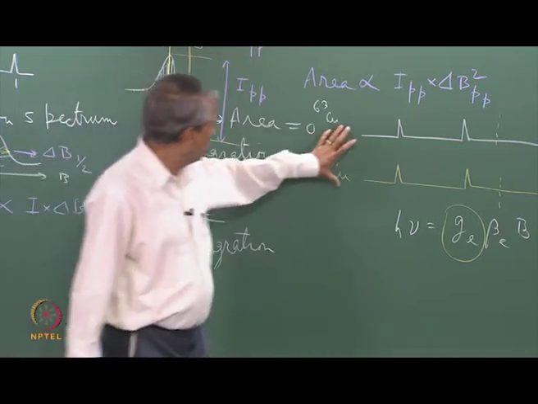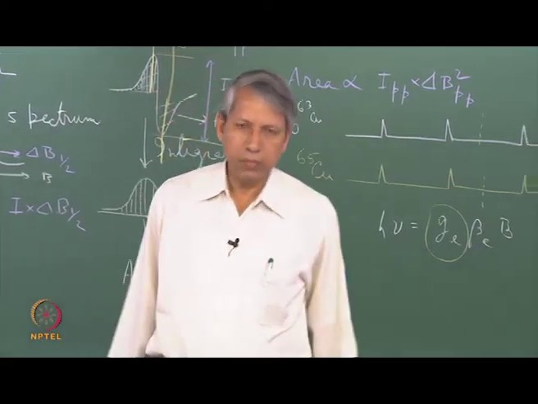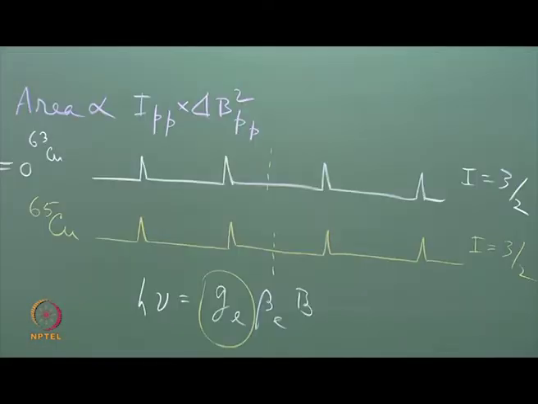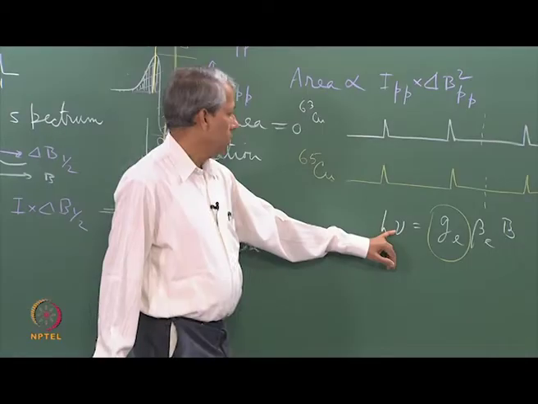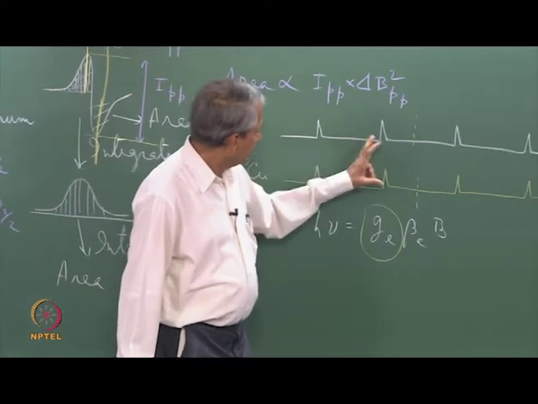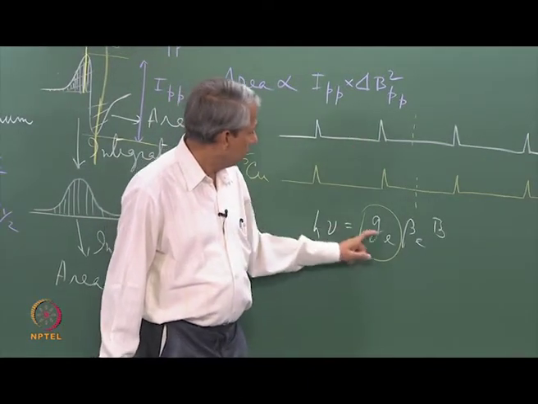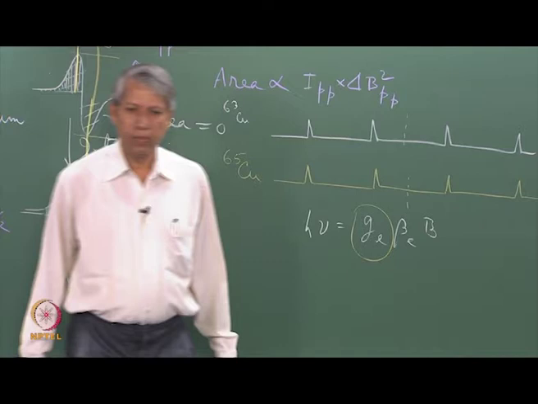Both the spectra are recorded in this at the same time, because the sample had 63 as well as 65. So they experience the same frequency. So the difference can come if they have different G factors.